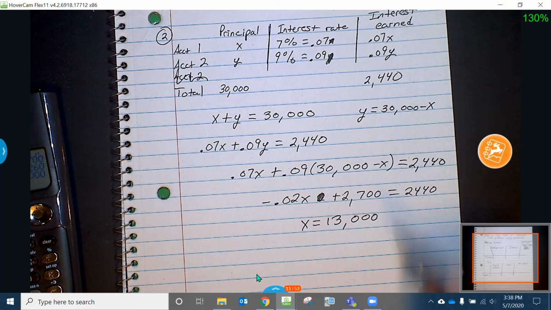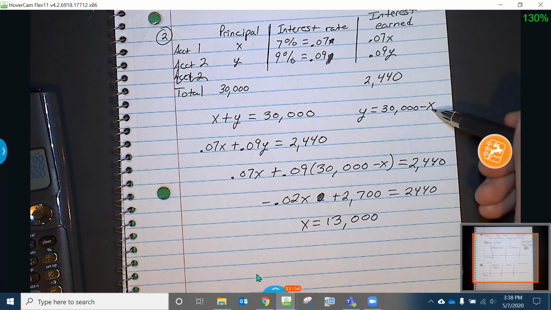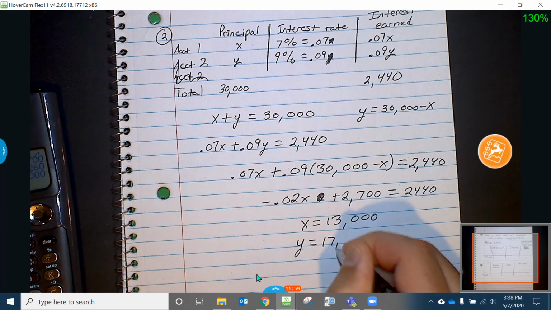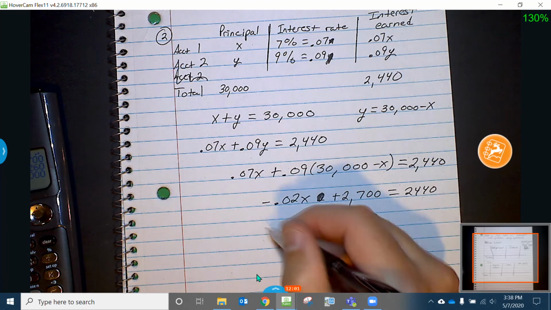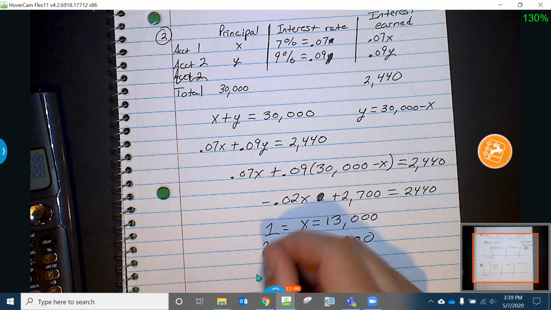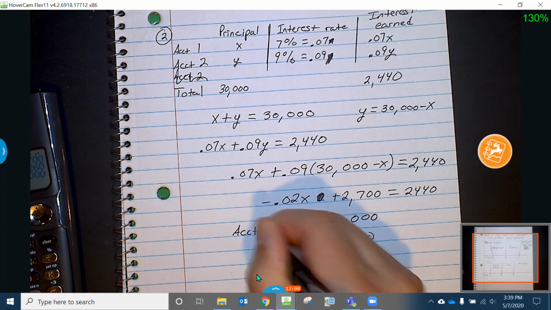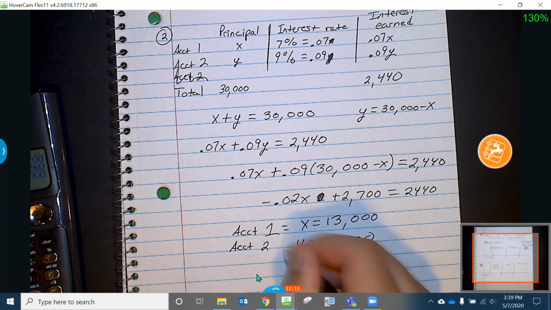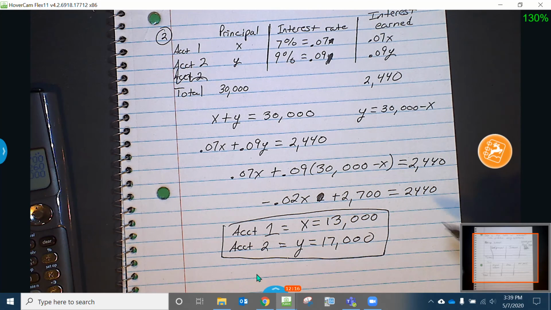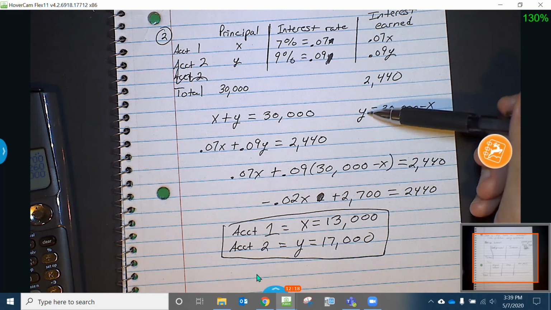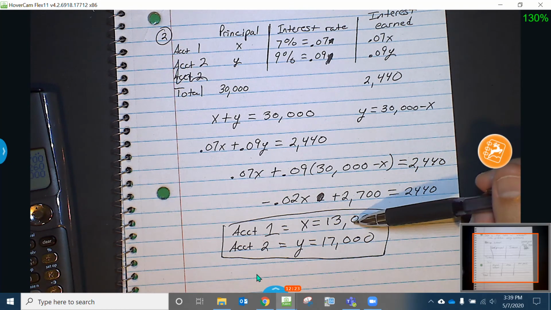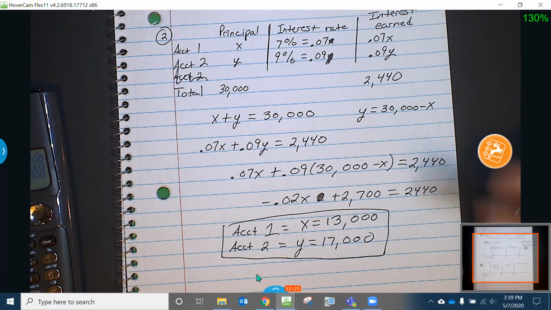Alright, so if x is 13,000, 30,000 minus 13,000, y is 17,000. So in account 1, we have 13,000. In account 2, which is y, we have 17,000. Like I said, if you solved this for x and plugged in, you would have found the 17,000 first and then the 13,000. So it doesn't matter.